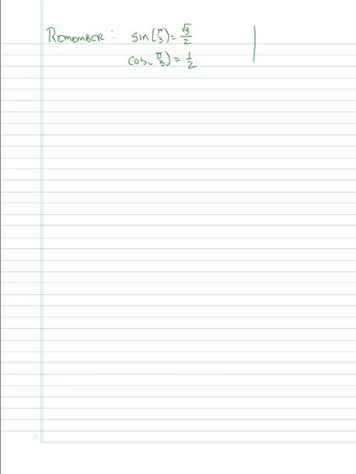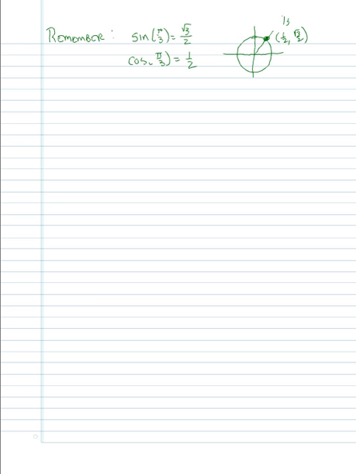As we're looking at the unit circle, pi/3 is equivalent to 60 degrees, so it's roughly right here. This is where we're talking about pi/3. This point has the coordinates: the first coordinate is 1/2, the second coordinate is the square root of 3 over 2. That's where that information came from.